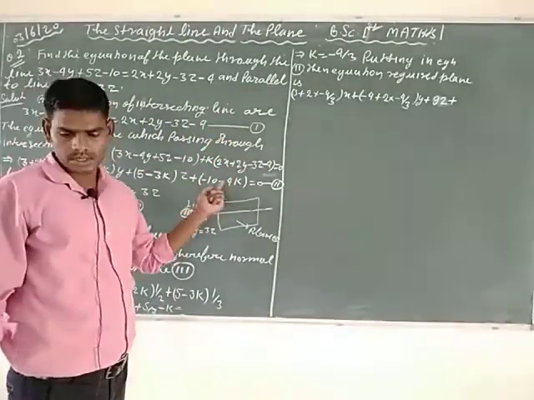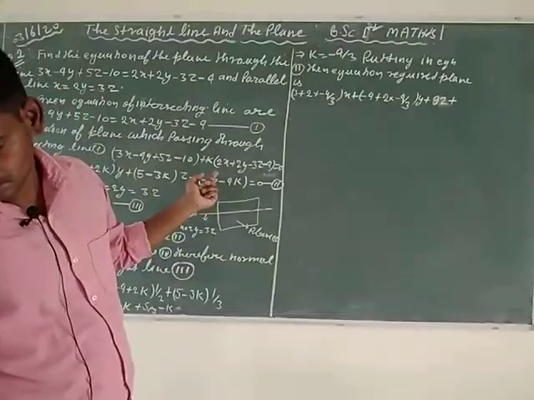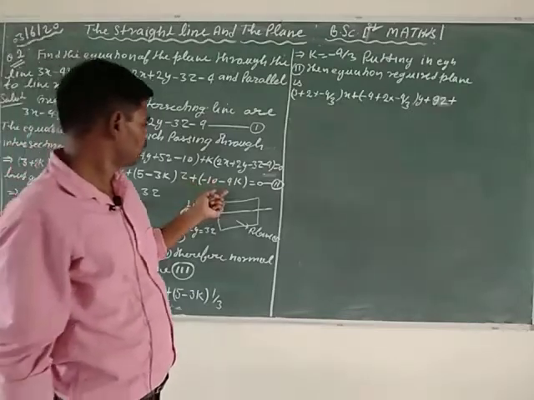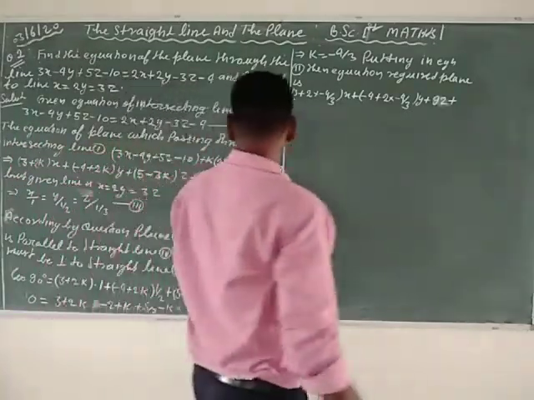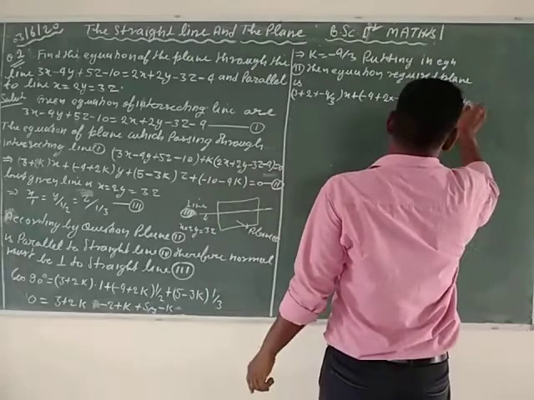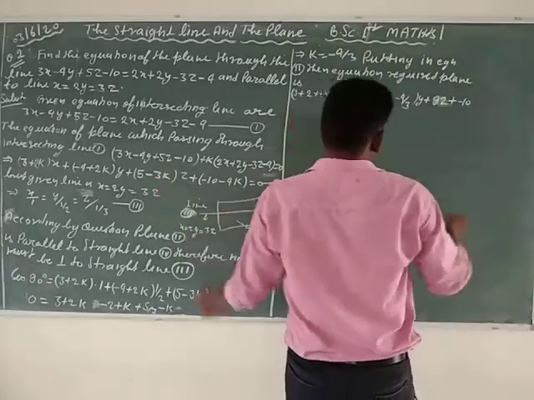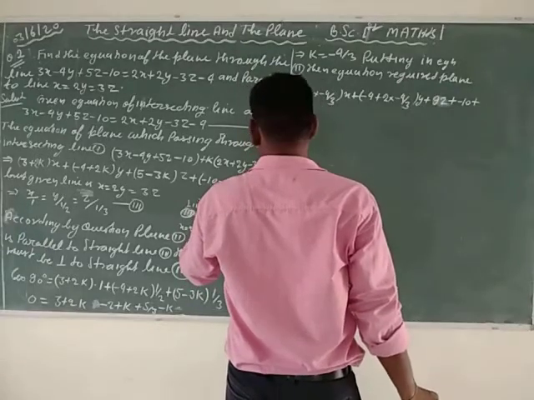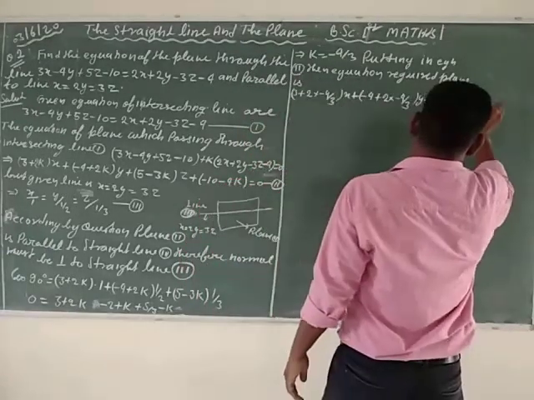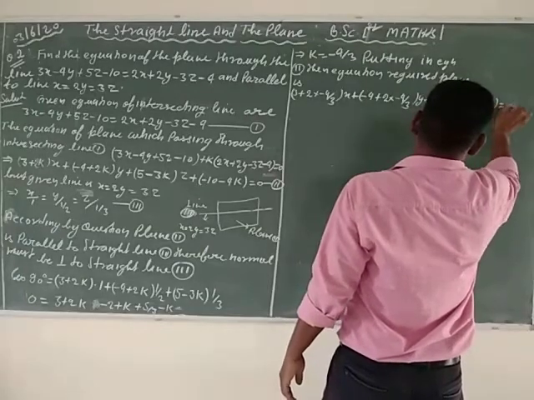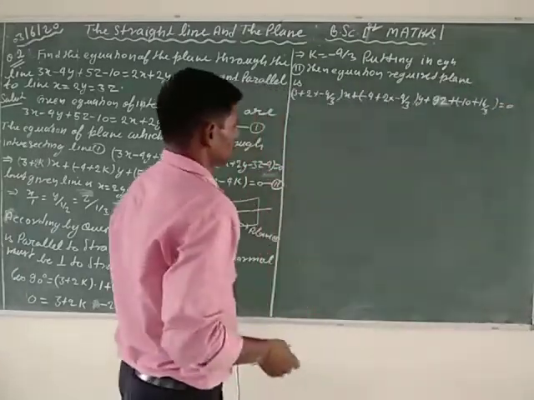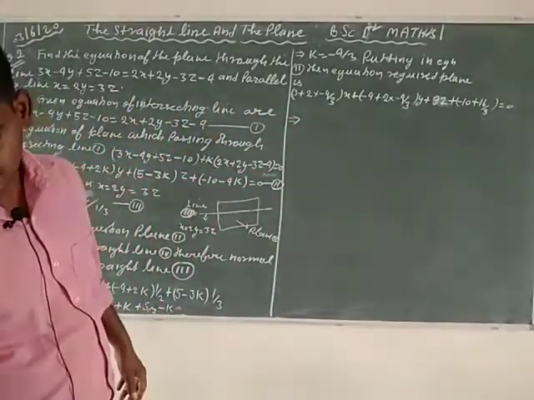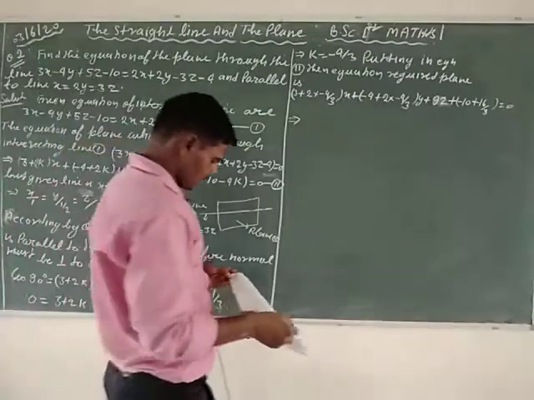After simplification, this is equal to minus 10 and 16 by 3 plus 16 by 3 is equal to 0.